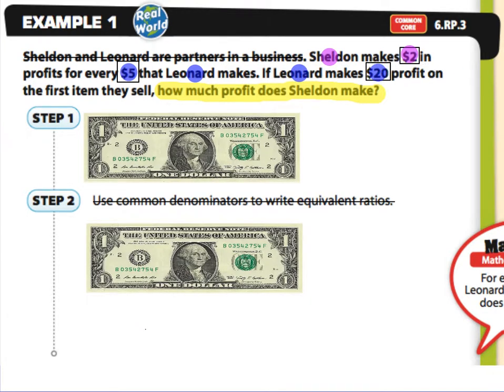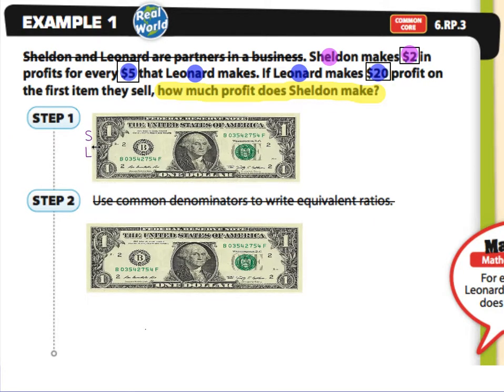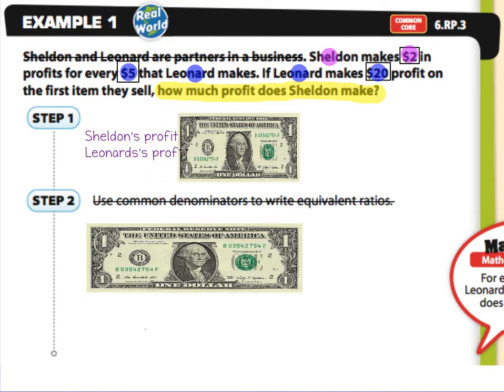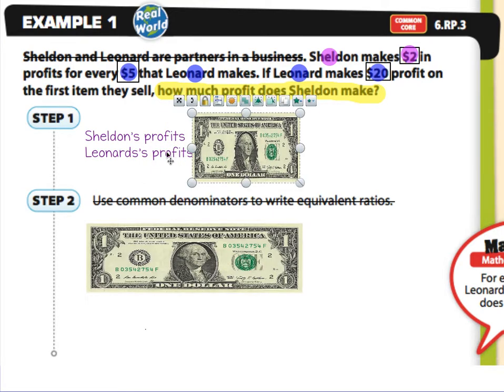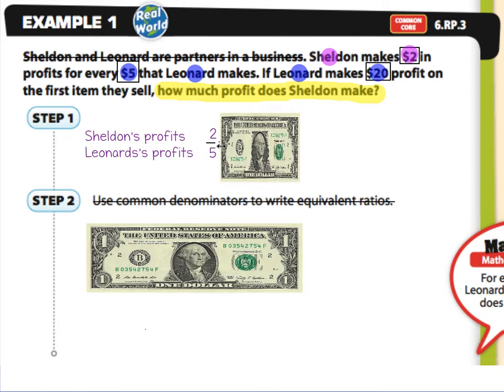Okay, and the first thing that I'm going to do is set up my first ratio. I'm going to set up a ratio of Sheldon's profit to Leonard's profit because it's already set up for me. It's 2 to 5.